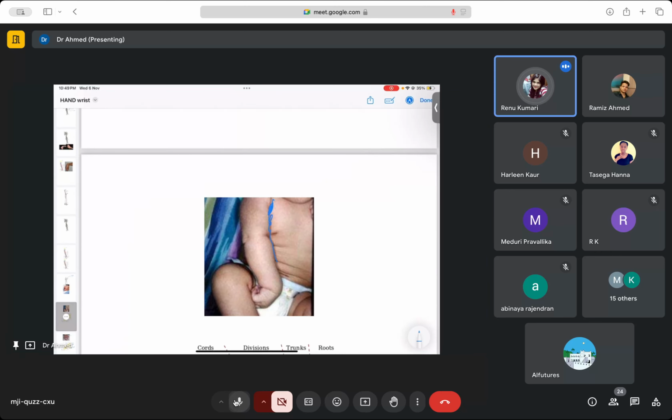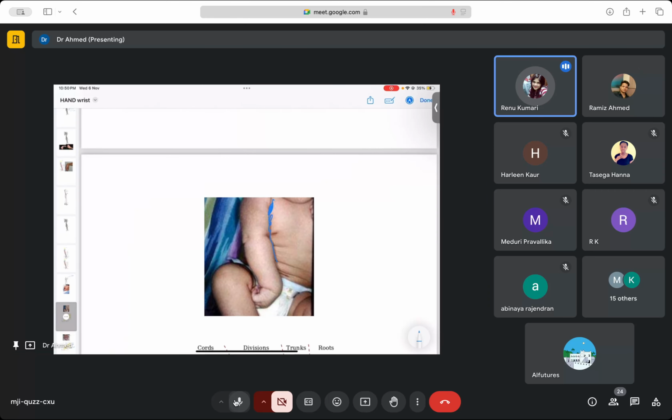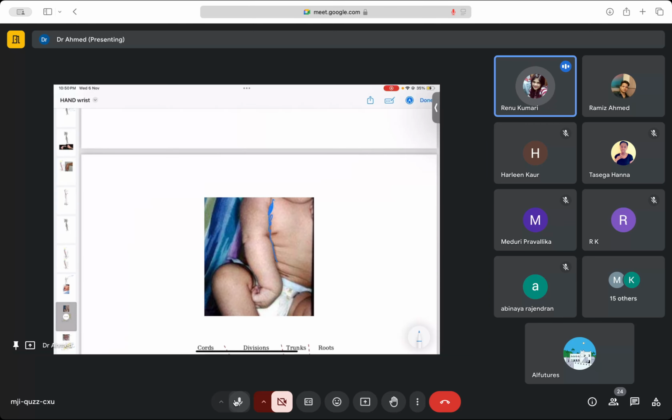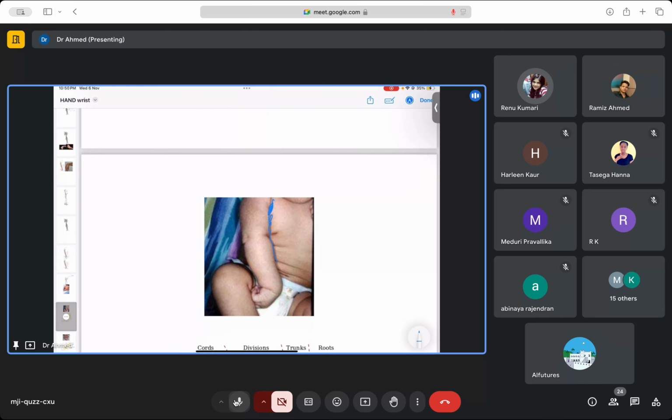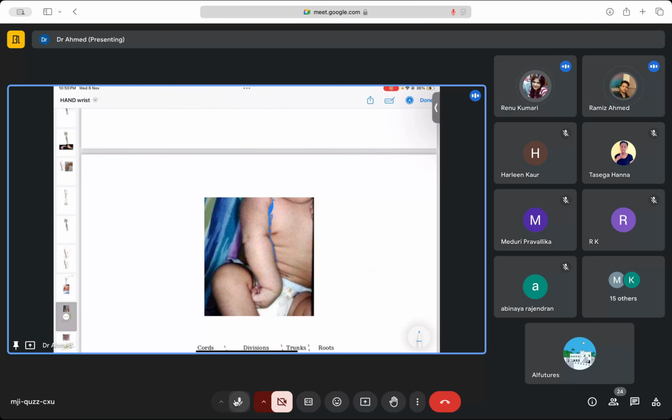For the lower trunk, both the median nerve and the ulnar nerve will be damaged, and the deformity will be claw hand, because the lateral two lumbricals are supplied by the median nerve and the medial two lumbricals are supplied by the ulnar nerve. So that function is lost, and there will be a claw hand position.